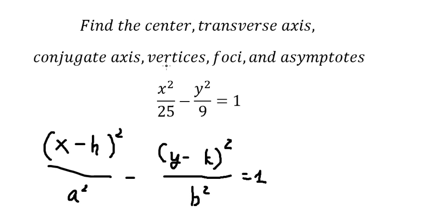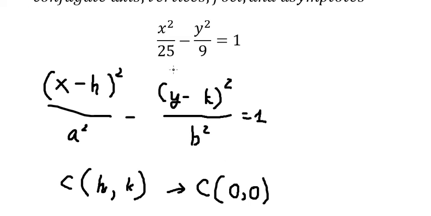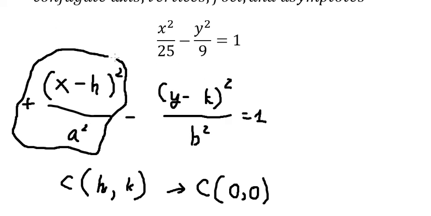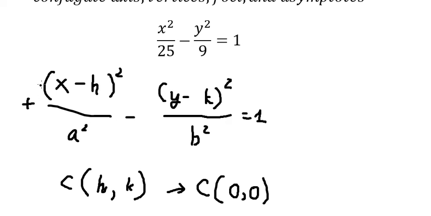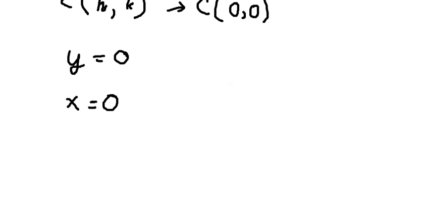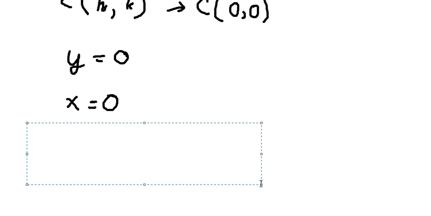Question number 4. We need to find the vertices. About vertices, we see that this one is positive, so the vertices should go through x. And now we have two vertices.